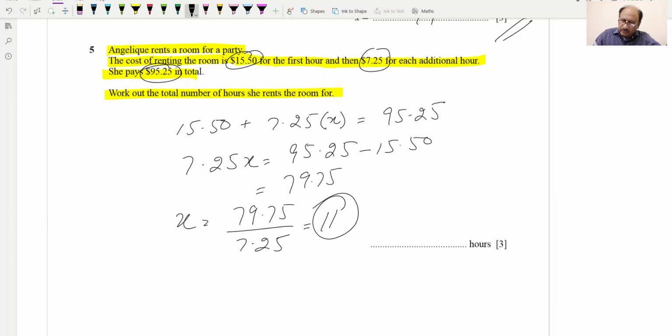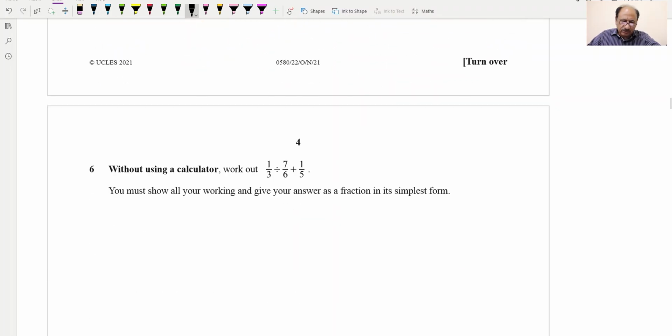So our answer is 11 hours, and this is a 3 marks question which we are done.